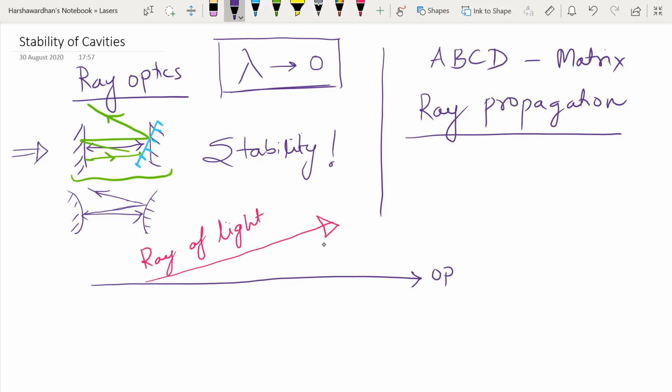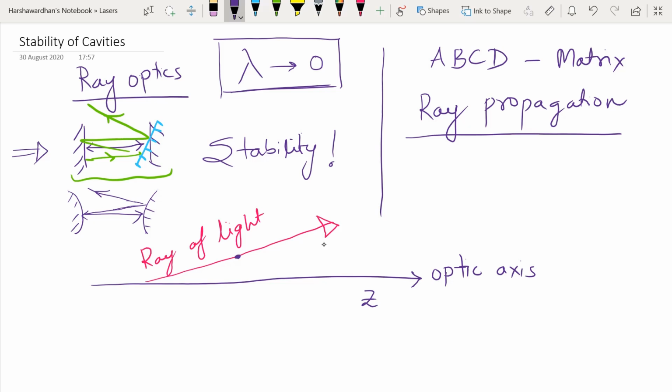This is the optic axis of my system. This could be the axis of symmetry about which mirrors are arranged. It could be the axis about which a lens is placed, and so on and so forth. So you see, a ray can be uniquely identified with two numbers. What are the two numbers? So this is my z direction.